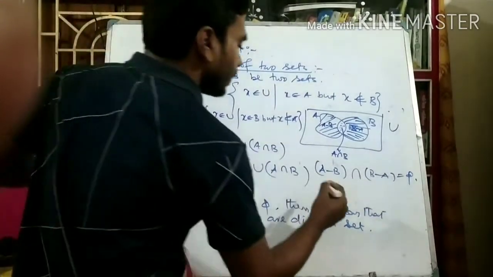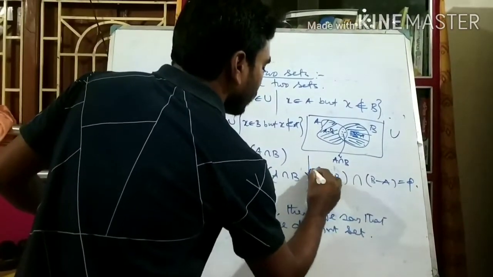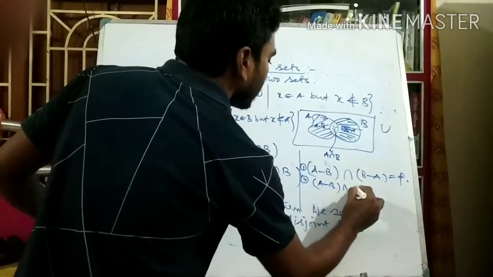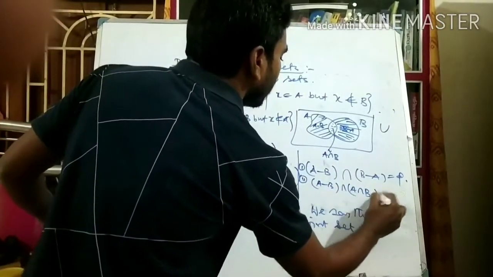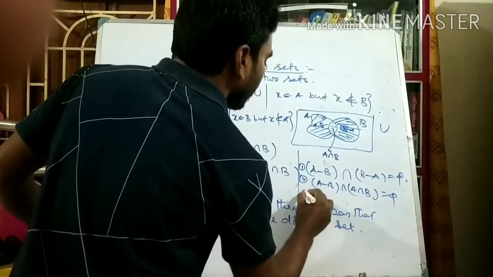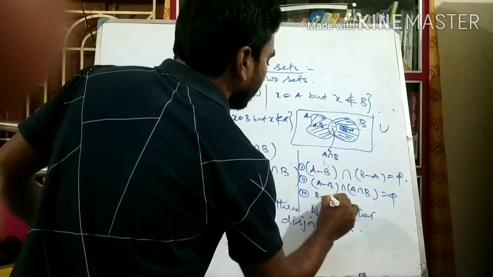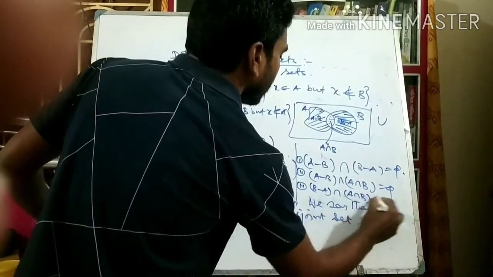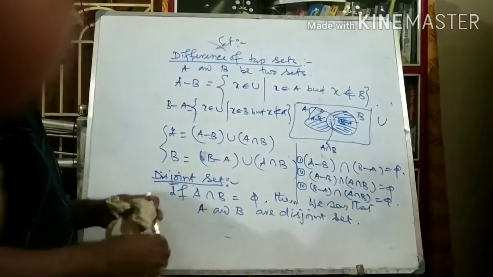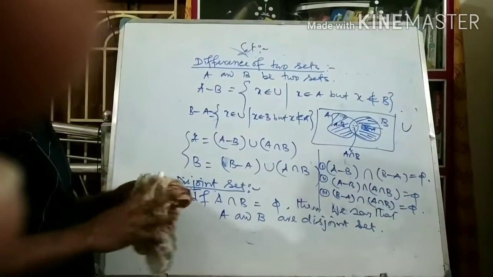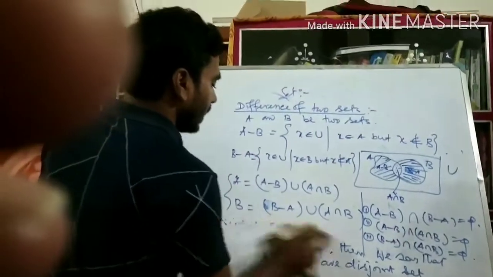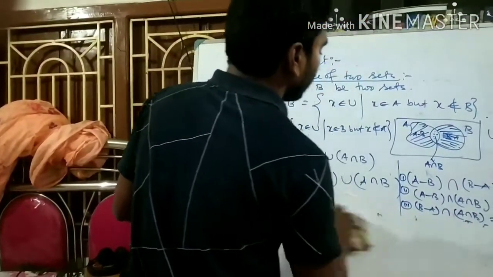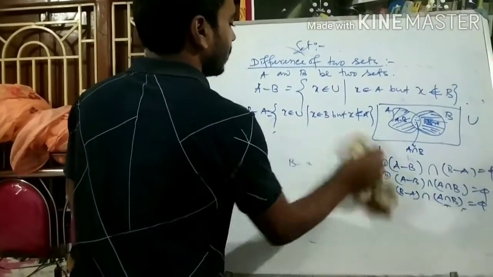Also, A minus B intersection A intersection B is equal to phi. Number 3, B minus A intersection A intersection B is equal to phi. So we have understood the disjoint sets, and also we saw some examples of disjoint sets.